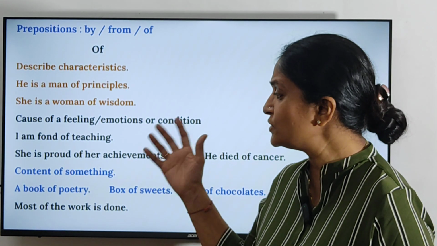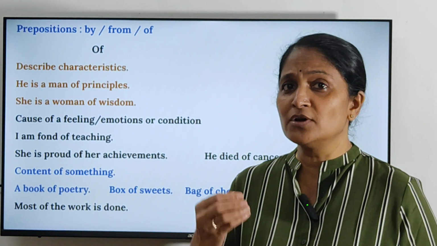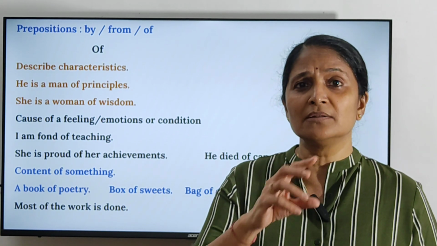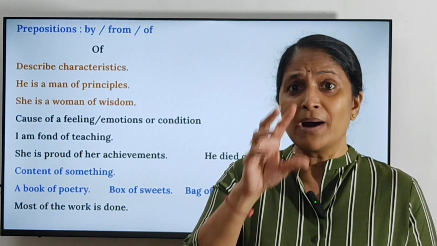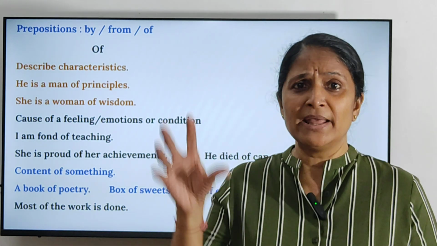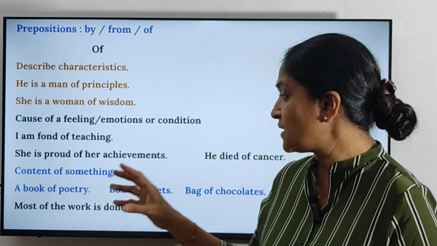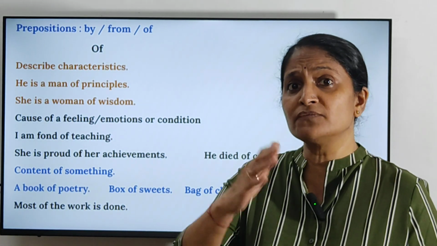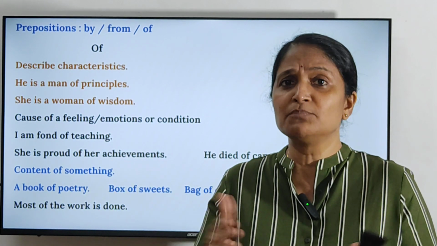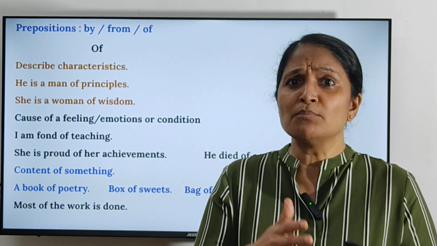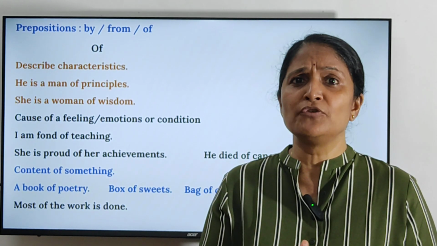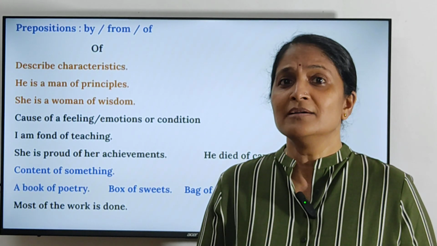Now it is also used to talk about a thing which is a part of the group, right? The small thing, the part of the whole thing. कुछ बड़े का कुछ हिस्सा. See, most of the work is done, right? The full work is not done, but most of the work is done. You can say some of the students were absent or few of the students were absent yesterday.